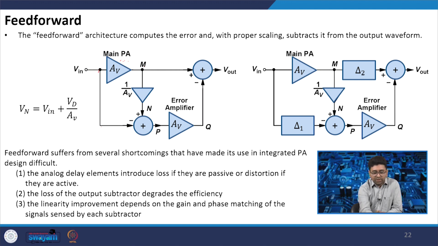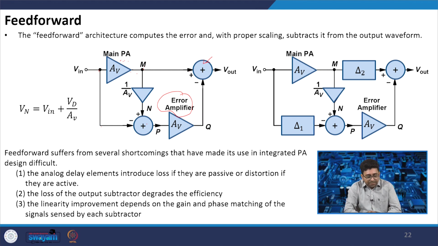So, we try to find out how much non-linearity is added by subtracting from point M, and we put an error amplifier here, which will subtract the non-linearity from the main power amplifier, so a subtraction needs to be done.